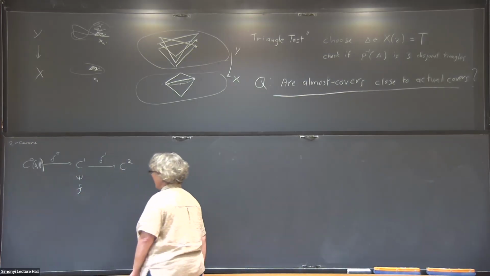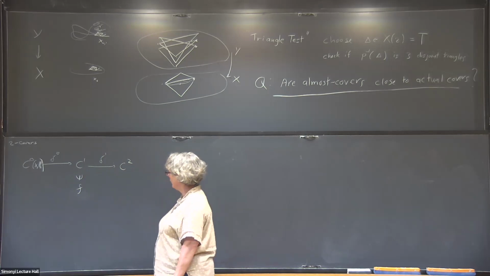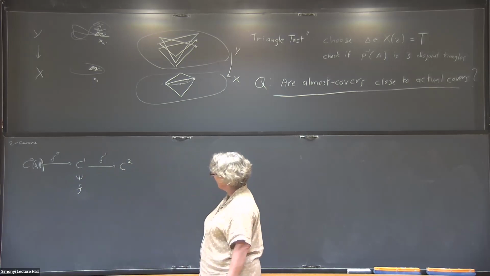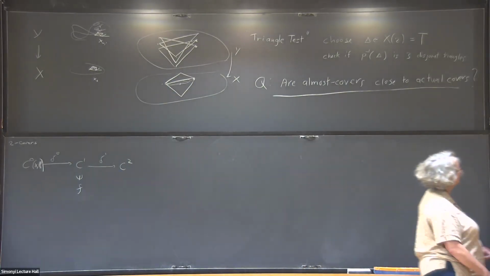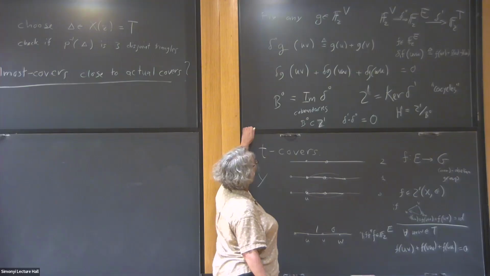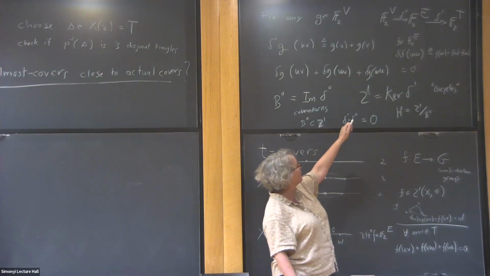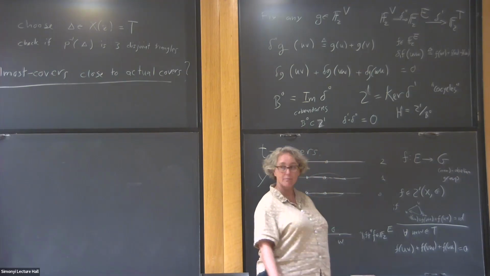When you give me this thing, it's as if you gave me some assignment of zeros and ones to the edges. And what is my triangle test? My triangle test is this linear equation, which we wrote over here: F of uv plus F of vw plus F of wu, is it equal to 0?